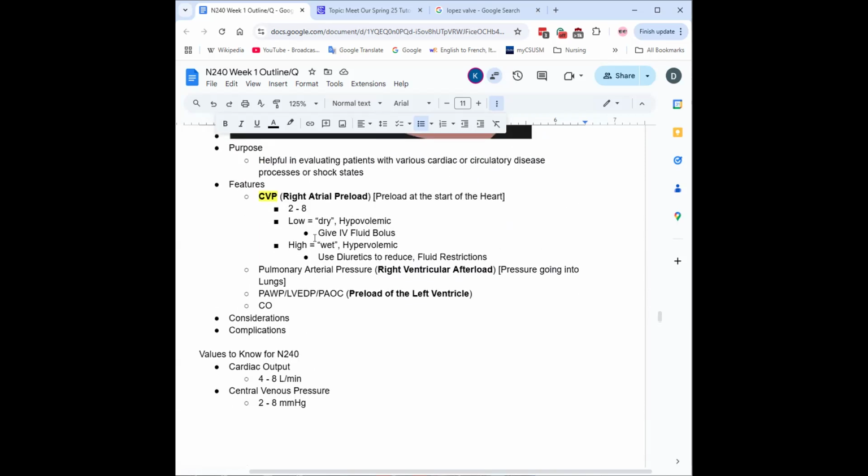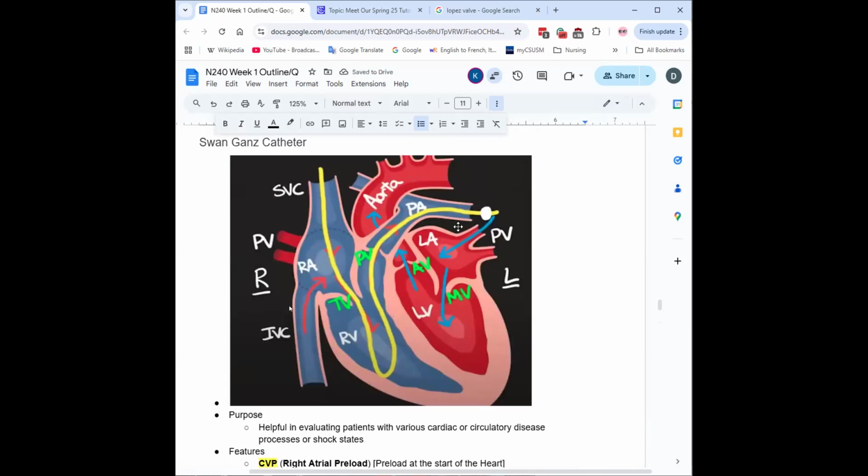Okay. And then your PAWP, you can kind of think of it pretty similarly. This is the pressure that makes its way to the left side of your heart. It says 4 to 12. So the pressure that builds here is then going to fight against systemic vascular resistance.